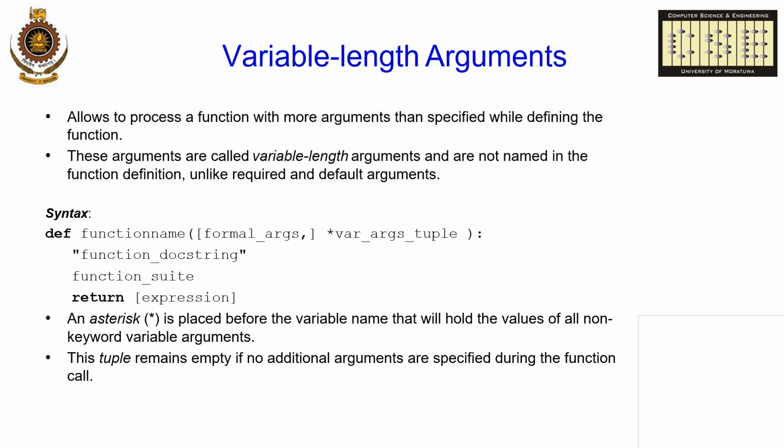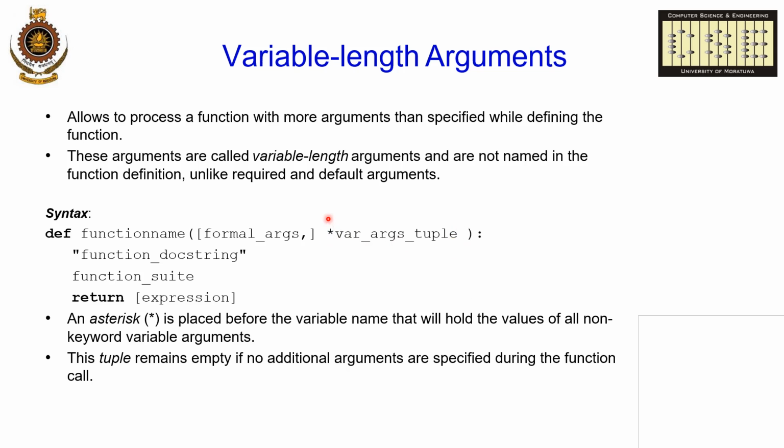These arguments are called variable length because there's a placeholder argument, like here, var args tuple, that holds more than one argument. We just define this one argument that holds the variable length arguments.